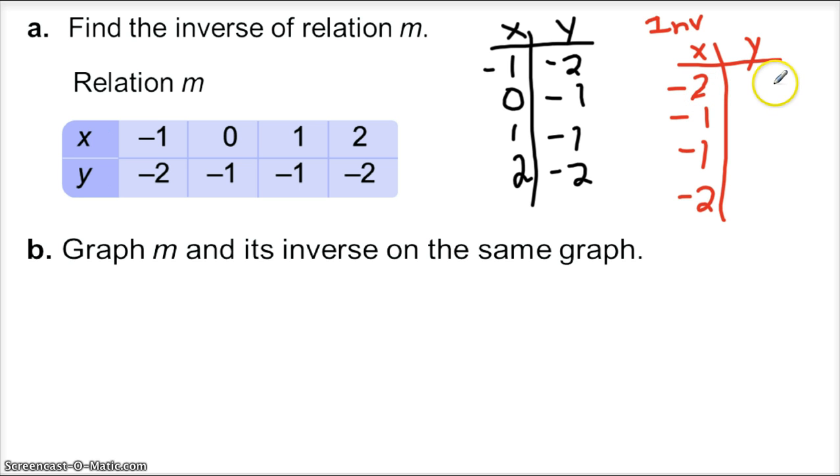There we go. And then my y values will be what I had down the x column in the last table. Okay, so there we go. We have the inverse of relation M.